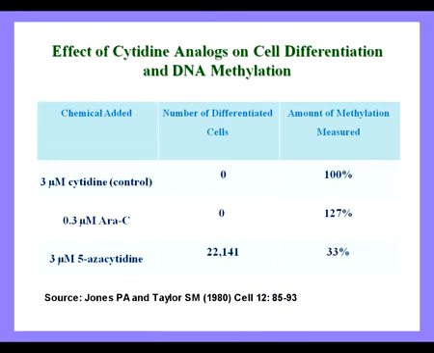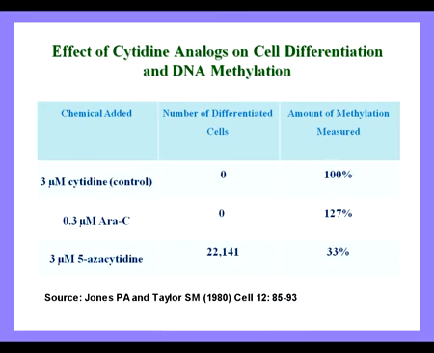Another sample was 0.3 micromolar arabinose cytosine, which is another analog of cytosine and also acted almost like a control. Here also there was no differentiation and 127% methylation was measured. Why 127? That shows that there were some cytosines other than CpG islands which also got methylated.